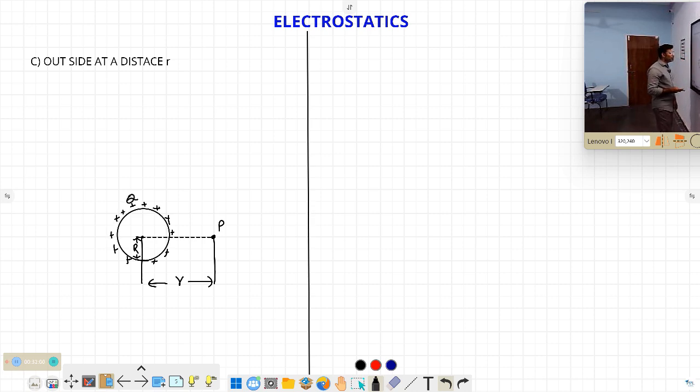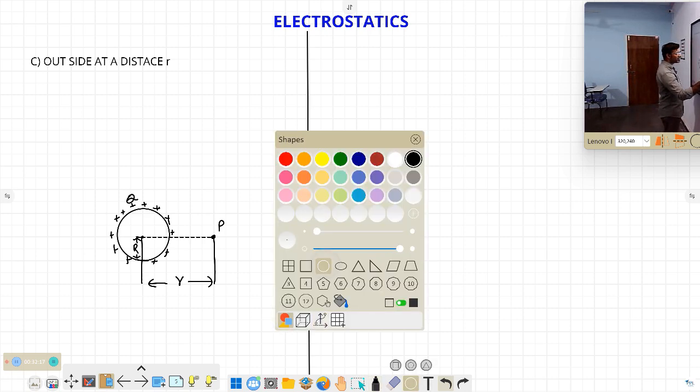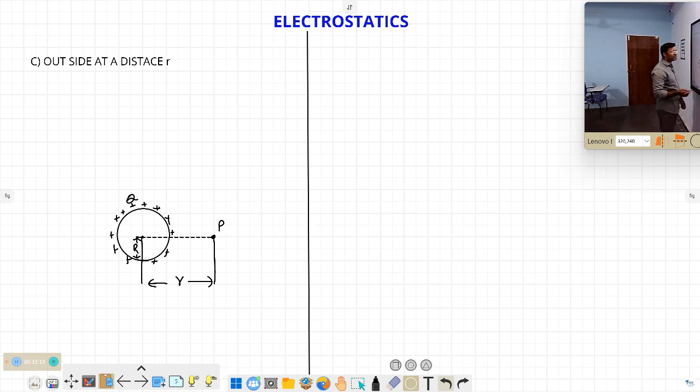Now, to calculate the electric field intensity at any point using Gauss law, first you have to imagine a Gaussian closed surface having some surface area. At this point P, I can construct a closed surface. What shape must that surface be? Exactly the same as the body. This is the way I choose the surface area here.